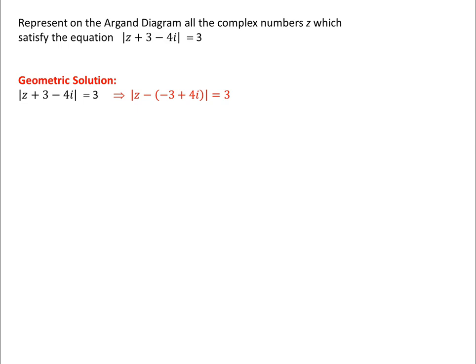So in other words, the fact that I want the modulus of z minus minus 3 plus 4i to equal 3 means that I want the point representing z to be 3 units away from the point representing minus 3 plus 4i.